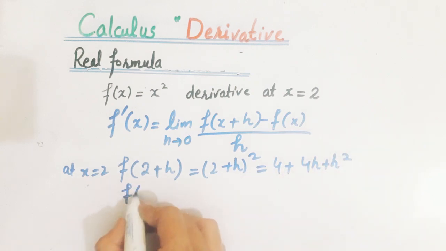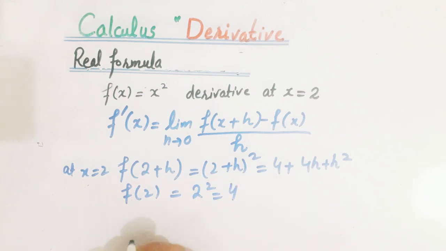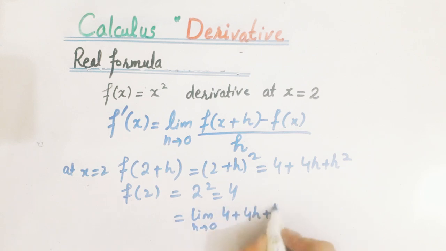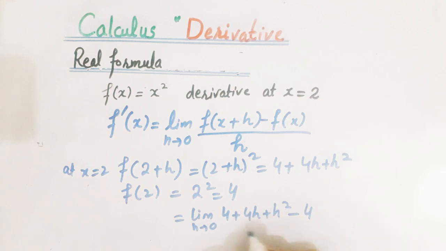Now f of 2 equals 2 square, that is 4. Now we will apply the values in this formula. So this becomes limit h approaches 0 of 4 plus 4h plus h square minus 4, divided by h.